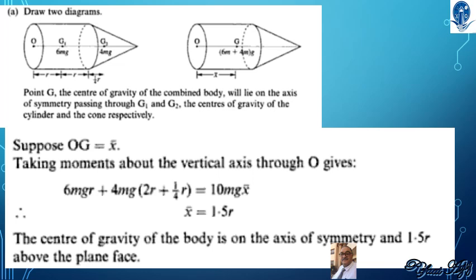This is x1 times m1 plus x2 times m2 over the total mass, which equals x, the center of mass. Very good, excellent. X bar equals 1.5 r. This is from O. Then where is the center of gravity? It will be here. This is part A.